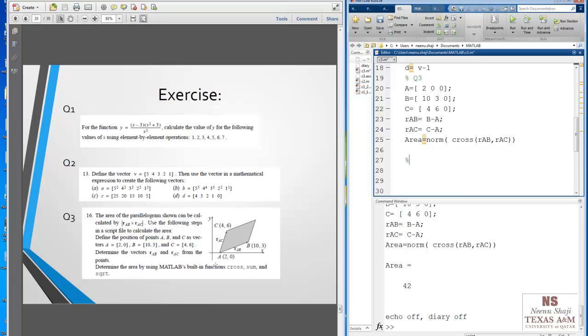We can also use the sum and square root commands to find the magnitude. Let's see how to work on that. So you find the cross product first. RAB cross RAC.